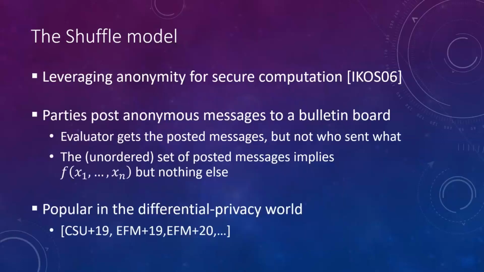The way to think about it is parties have access to an anonymous bulletin board on which they can post messages. So they post messages to the hat, and later on the evaluator comes, looks at the bulletin board, sees all the messages. It doesn't know who sent what message or in what order they were received. All it sees is a set of unordered messages, and from that it should be able to deduce the value of the function and nothing else.